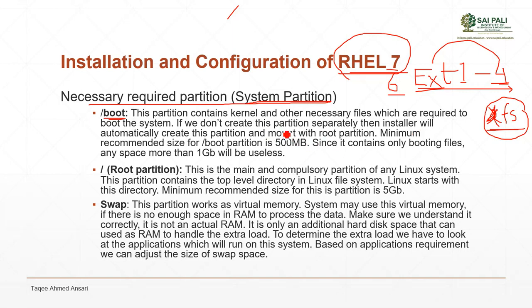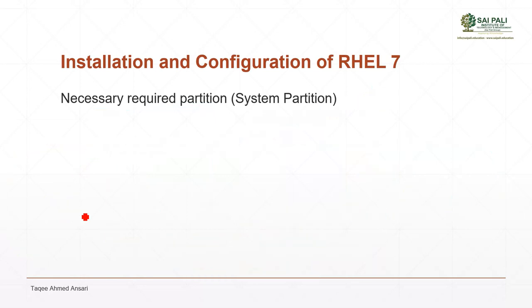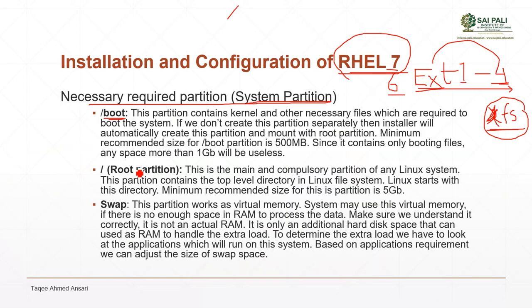But if you are creating a manual layout and you forgot to create this boot partition, then it will automatically create the partition and mount it with the root partition. Now it can give you a problem if it is mounted with the root partition, because it necessarily needs a separate partition. So you have to create it manually.